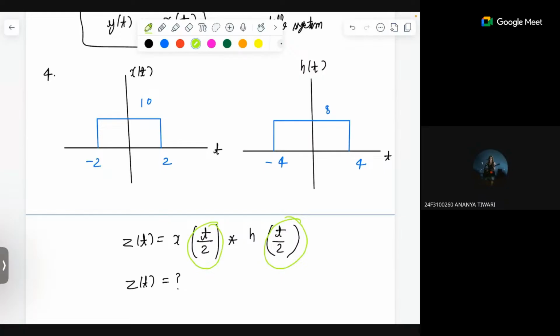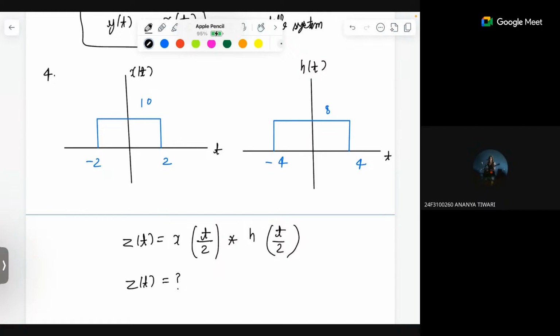So you will draw these two signals, find their width, and then tell me what trapezium you will get. I mean, you have to tell me the complete trapezium, like the starting and end points, the points where the slope changes, and the amplitude and slope, all of that. 1 minute will be fine for that.